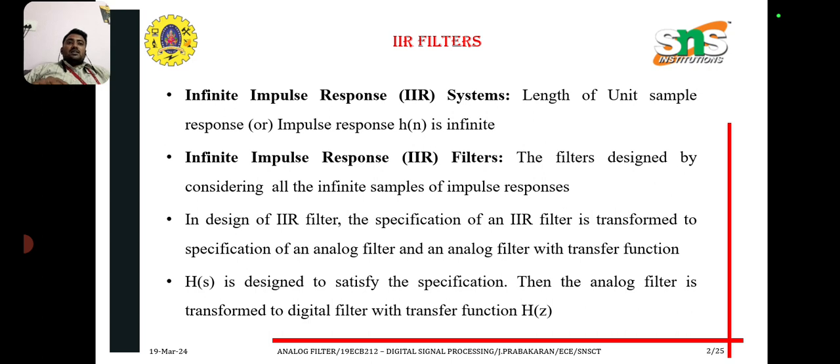Digital filters have two types: recursive filter and non-recursive filter.